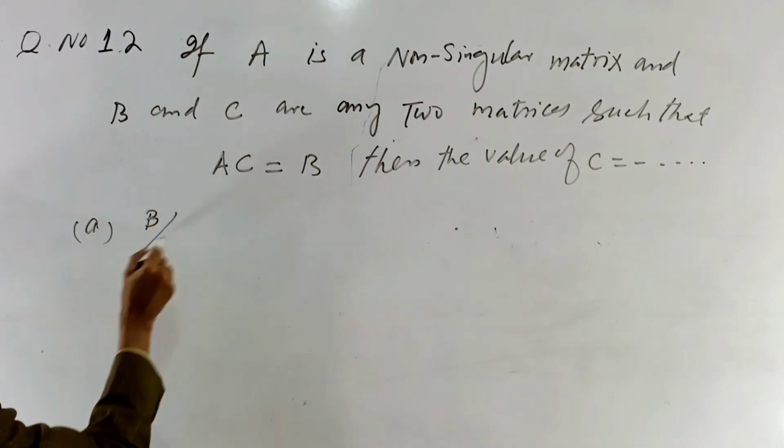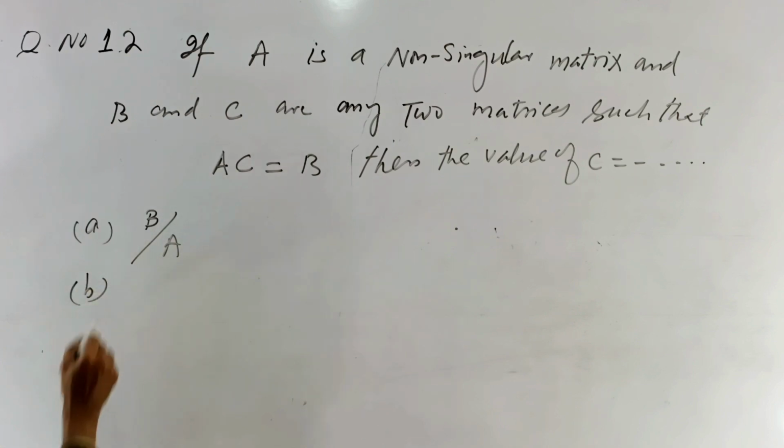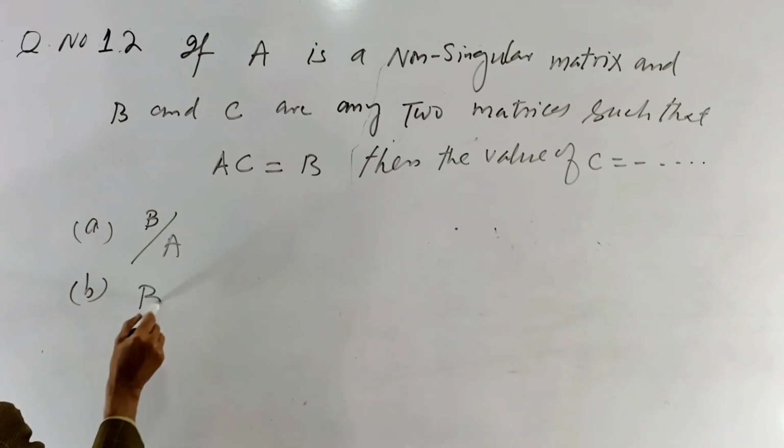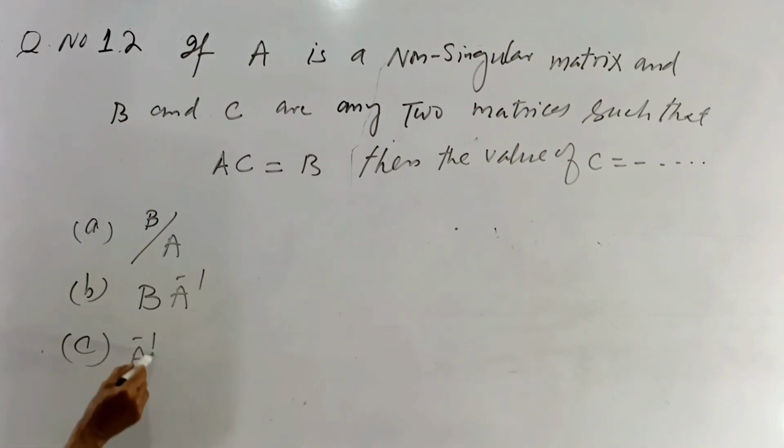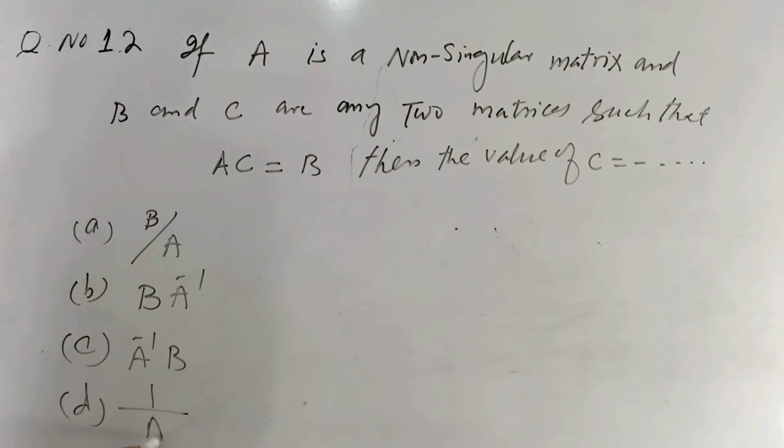Option A: B divided by A. Option B: B A inverse. Option C: A inverse B. Option D: 1 over determinant of A times B.